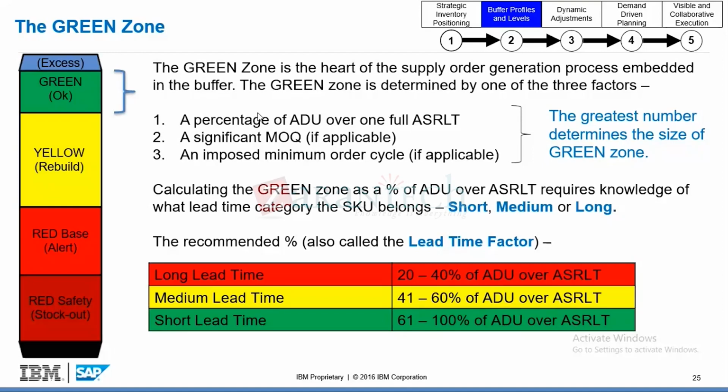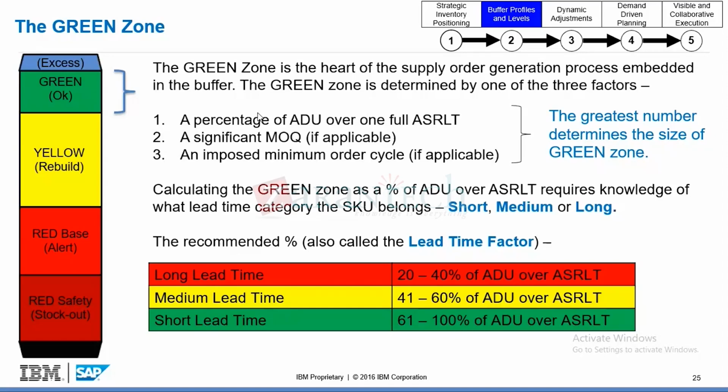The recommended percentages of lead time factors are: long lead time 20 to 40% of ADU, medium is 41 to 60%, and short lead time is 61 to 100%.